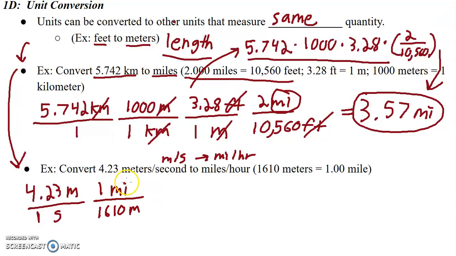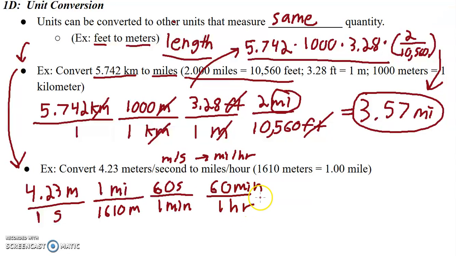And then we're going to take seconds and convert that into hours. So 60 seconds is 1 minute, 60 minutes is 1 hour. And then if we look at this, everything cancels.